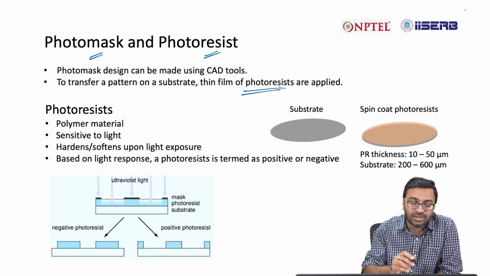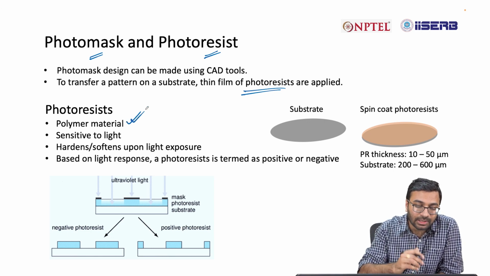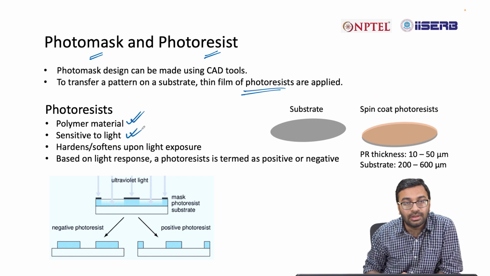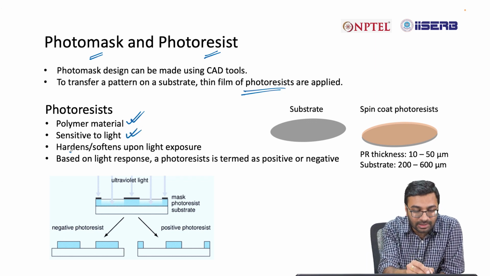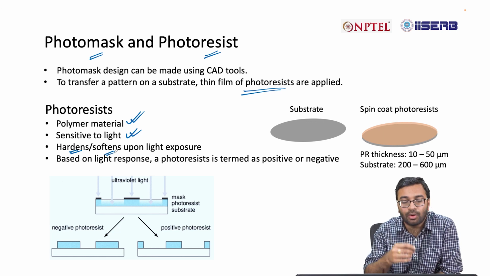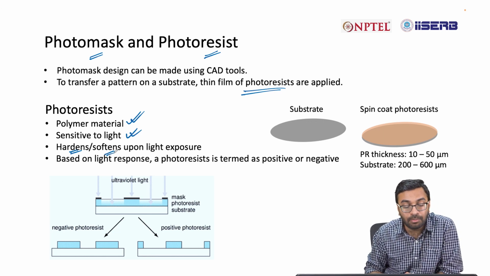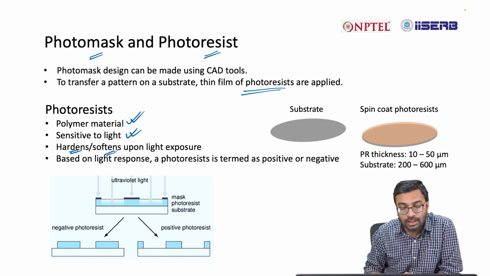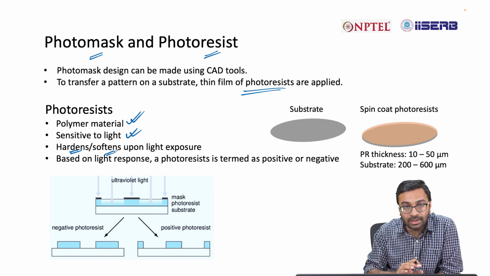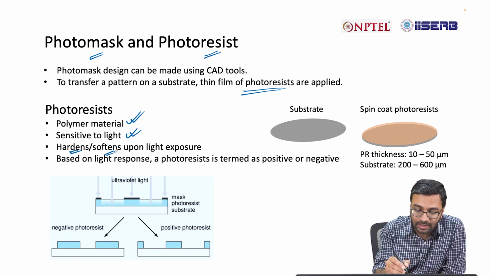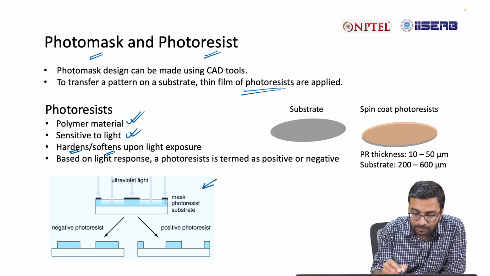The photoresists are usually a polymer material. The photoresists are sensitive to light. They will either harden or soften upon light exposure. I have described both of them. Now, based on light response, a photoresist can be termed a positive photoresist or a negative photoresist. For example, here I have given you an example.